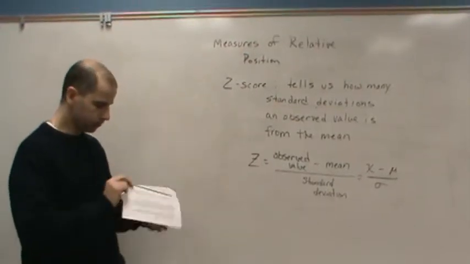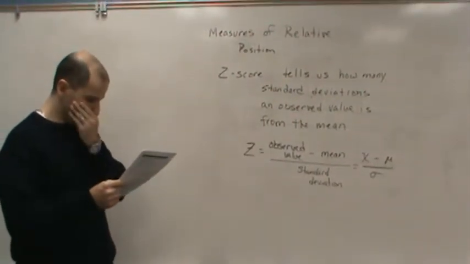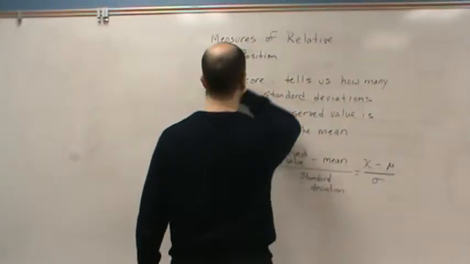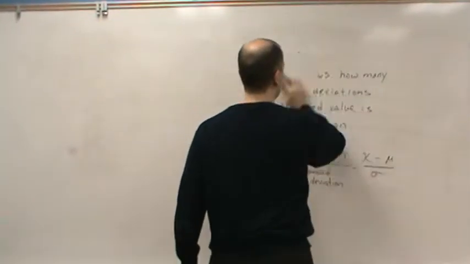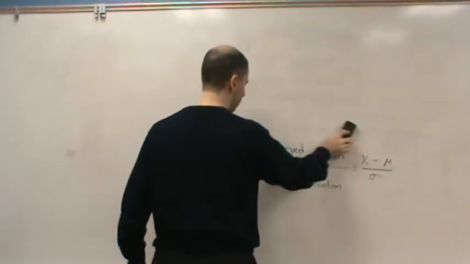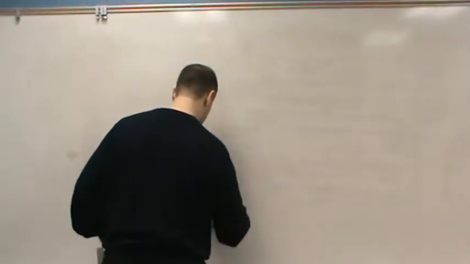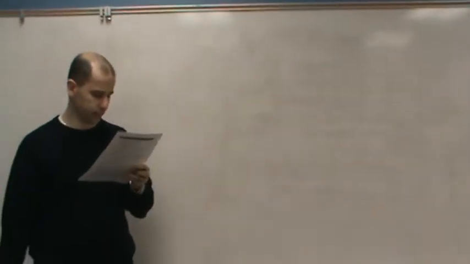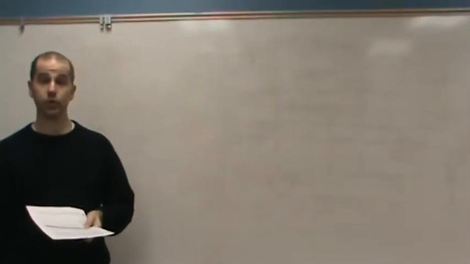Okay, so let's look at an example. We're looking at this table of two students, John and Ali, who are from two different schools.